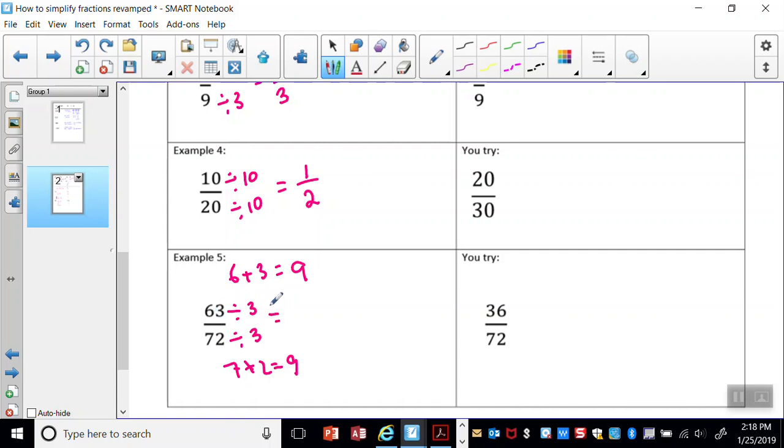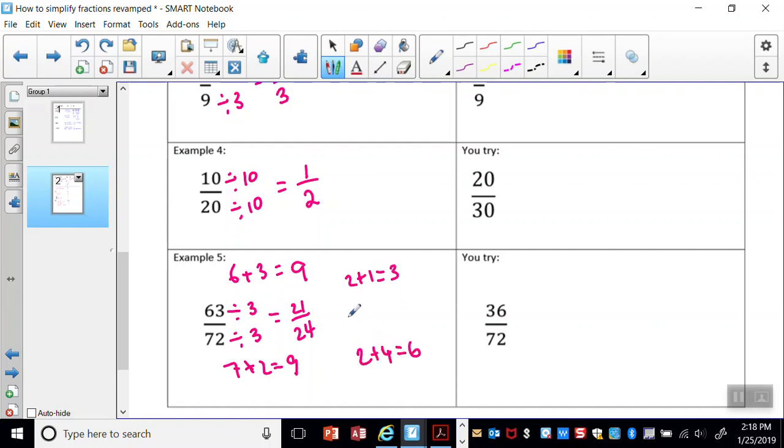63 divided by 3, put it in your calculator or use decimals. It's 21. 72 divided by 3 is 24. So 21/24, we reduced it, but they are also divisible by 3 because 2 plus 1 is 3, and 2 plus 4 is 6.